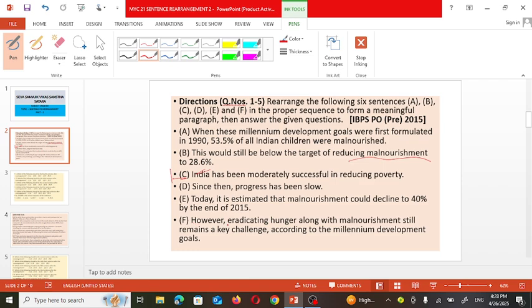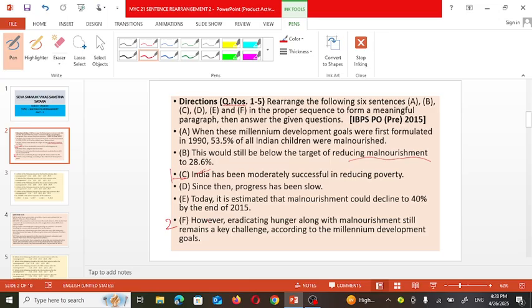This one: However, eradicating hunger along with malnutrition still remains a key challenge. That problem the Indian government is still facing, according to the Millennium Development Goal. So that can be the second sentence, because this F sentence supports the opening statement.